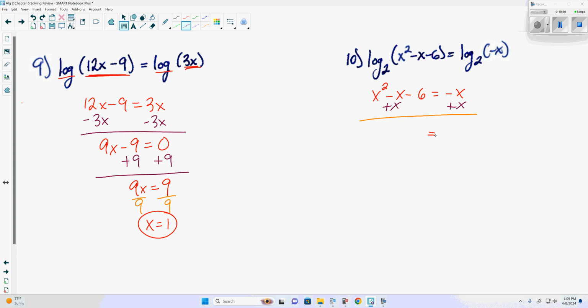Because on the right side, negative x plus x do simplify out to 0, yes? On the other side, we still have our x squared, negative x plus x is also 0. It works out our x terms. Those middle terms do simplify in both cases.